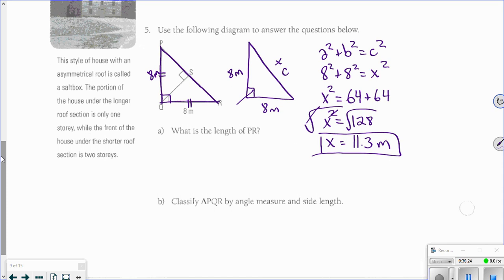Next piece says classify triangle PQR by angle measure and by side length. So PQR is this big one along the outside. PQR has two sides that are the same and one side that's different. So for our side length, that makes this an isosceles triangle.